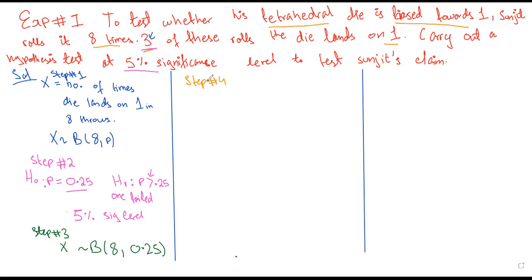So for stating the criteria, what you know is that if the p value which you are going to find is less than your significance level, that basically is 5%.